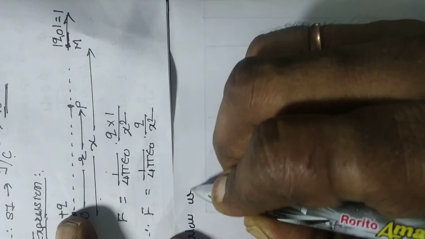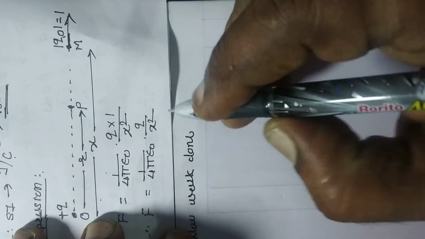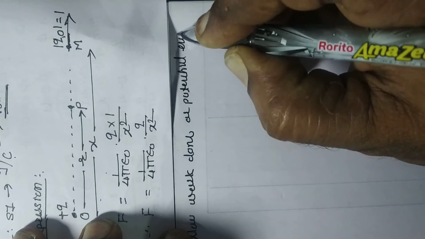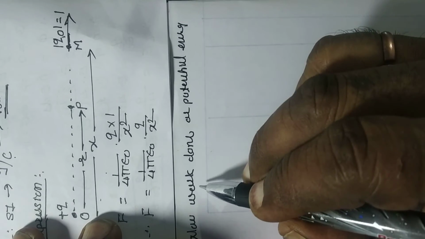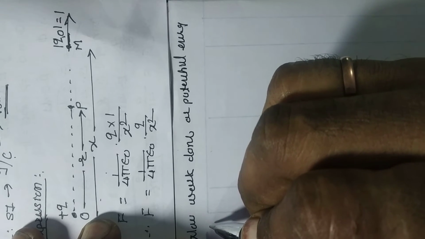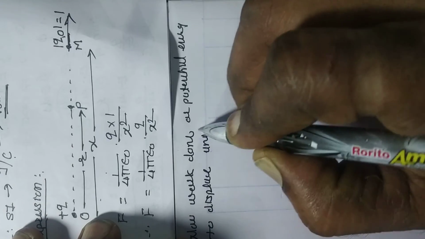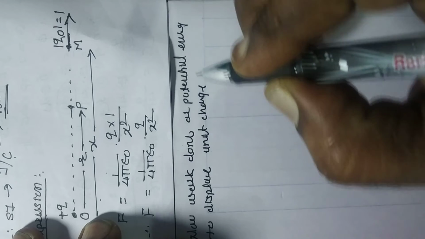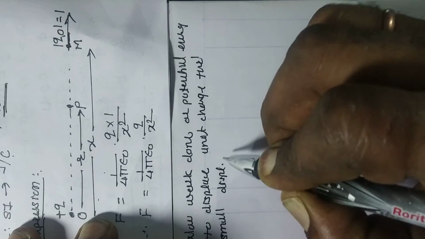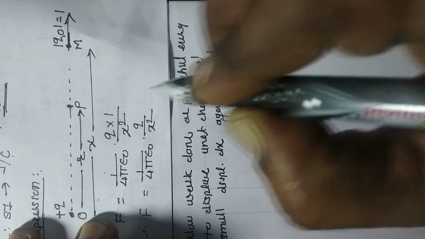Now, work done or potential energy to displace a unit charge through displacement dx against electrostatic force.